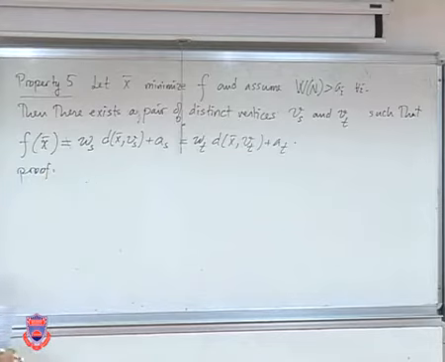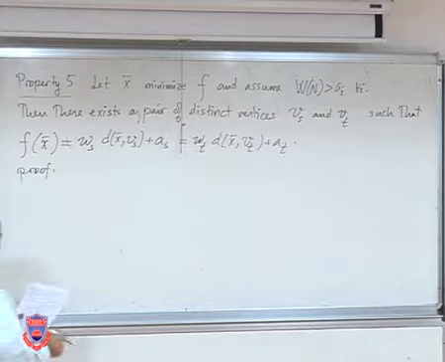I'm not going to give you a very formal proof of this because the formal proof requires a bit of work here, 2 pages, but I'll just give you the intuitive idea behind it, and that should be sufficient for the proof.